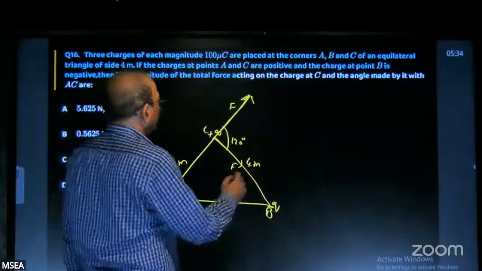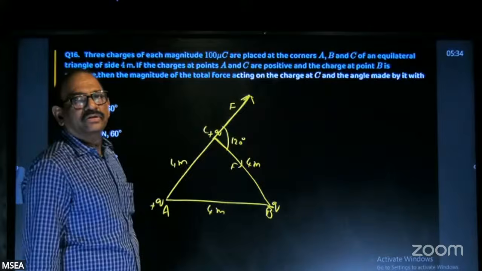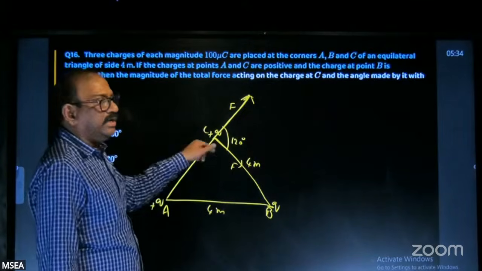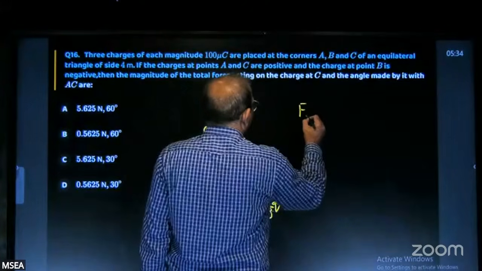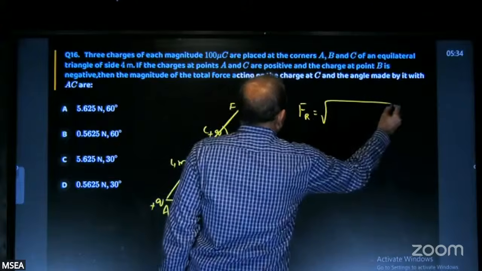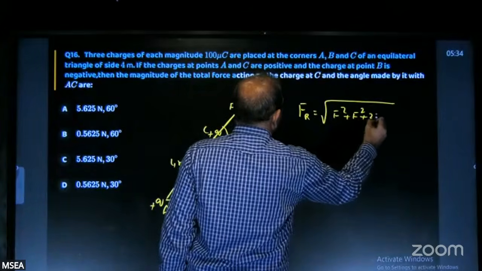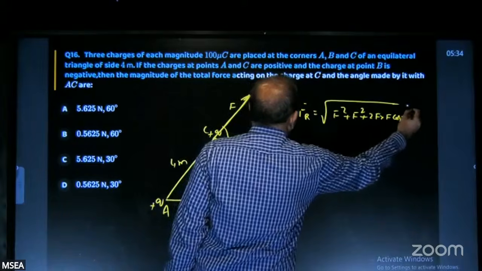Now in vectors, if two equal forces are inclined at 120 degrees, the resultant is equal to either of them, F only. The resultant force is root of F square plus F square plus 2F into cos 120.